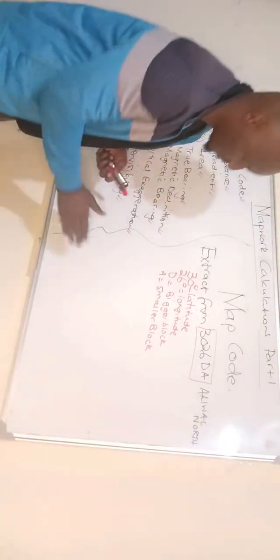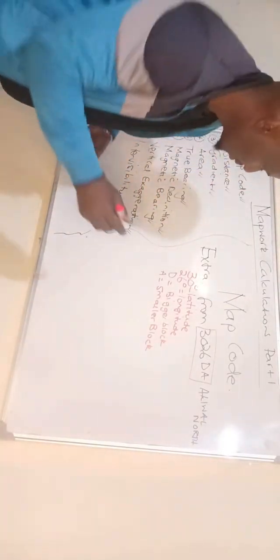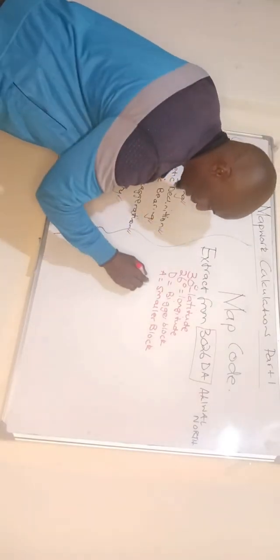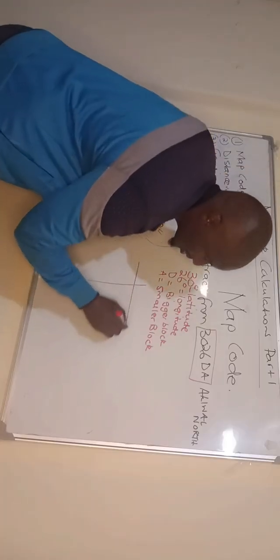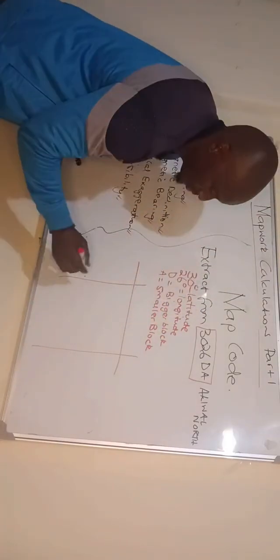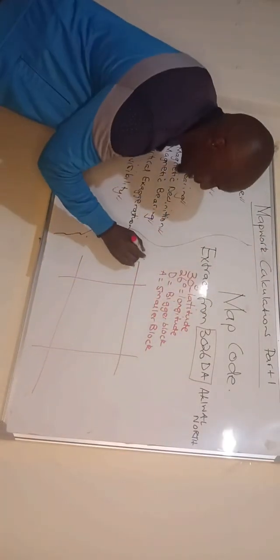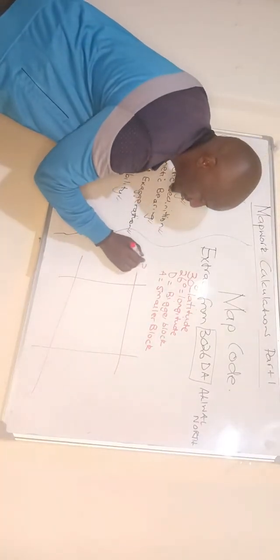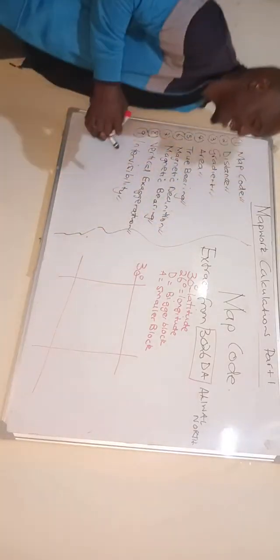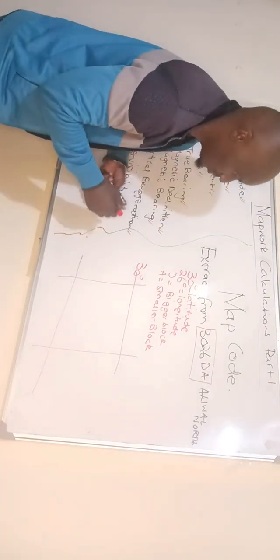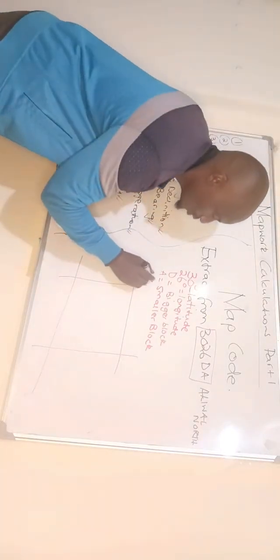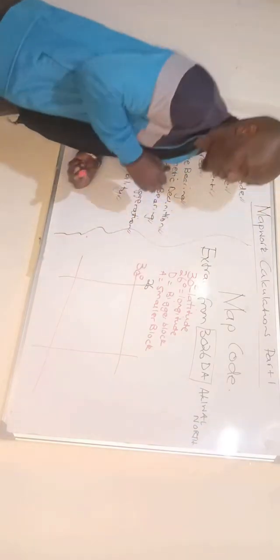So I'm going to demonstrate it on the board now. We have something like this. This is going to be your 30 degrees latitude. Remember, the latitudes are horizontal. Then vertical, that is your longitude, which means this is your 26.